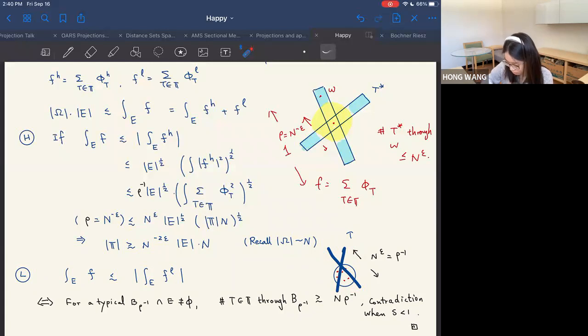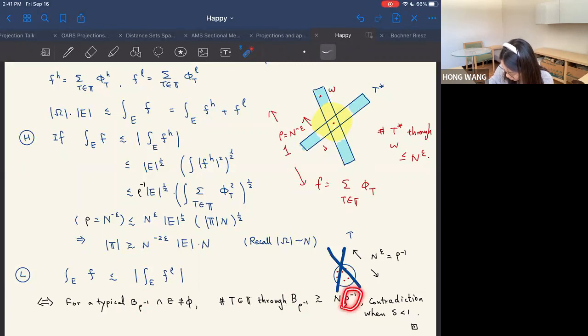And on the value of F, we'll need to multiply by n to the minus epsilon. So this means that for a typical B, rho to the minus 1, recall that rho is a small number, so rho to the minus 1 is a large number. And so for a typical thick ball intersecting E, the number of T through this thick ball is greater than n times rho to the minus 1.